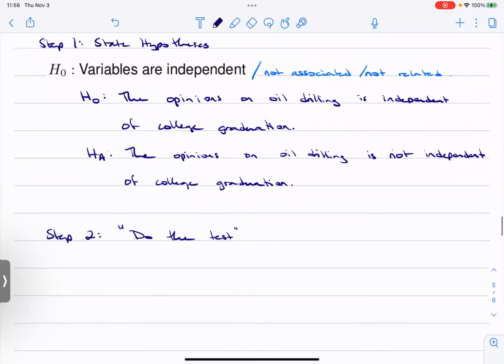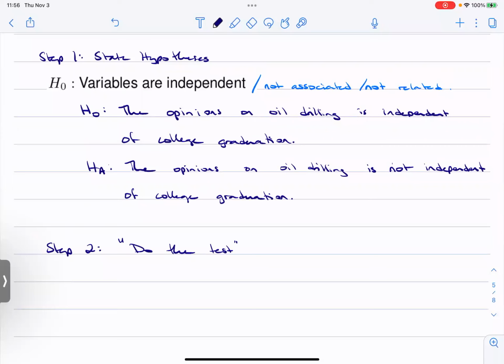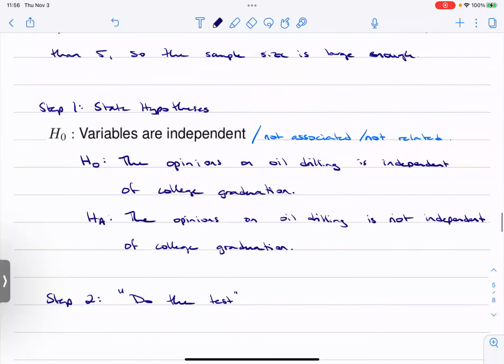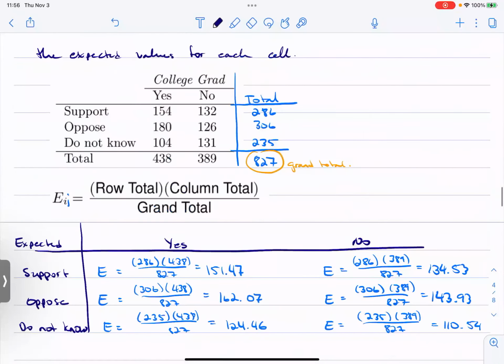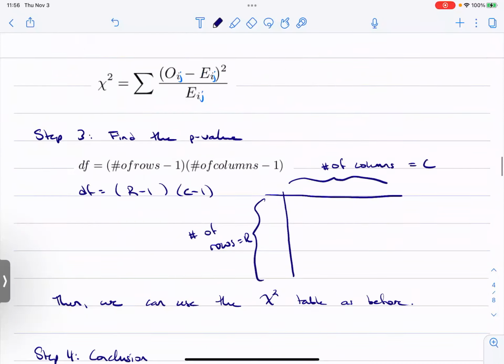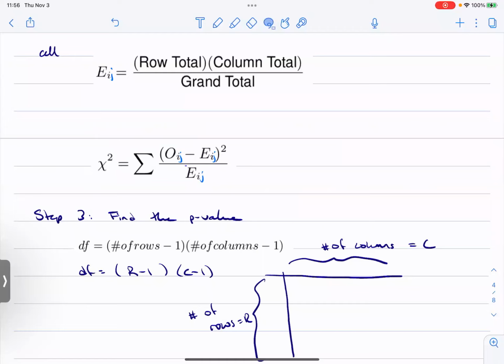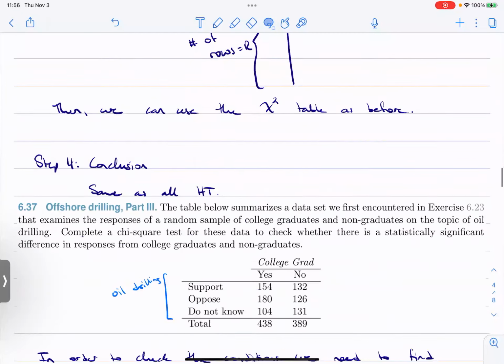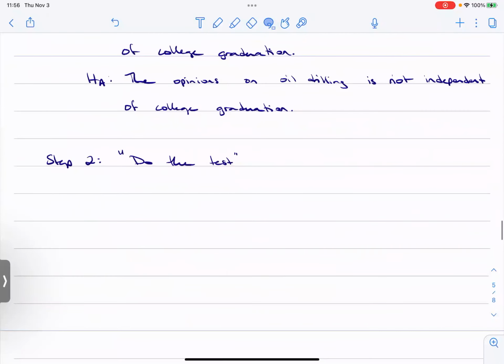Now, it's time to do the test, which means calculate the chi-squared, which I have here. Like I said, I like to have the observed and the expected counts in the same place.